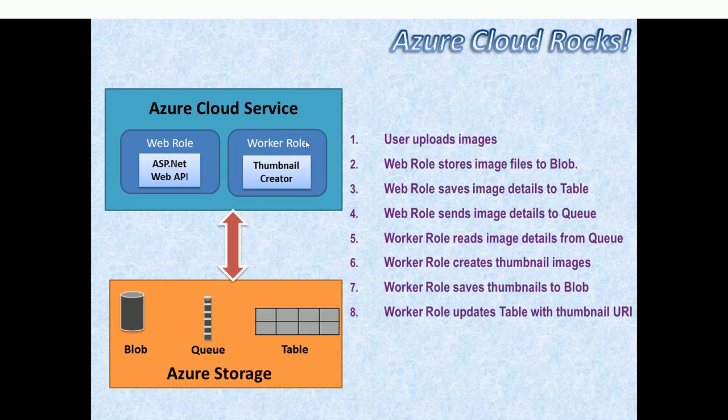The thumbnail will have a very small footprint. Let's say your original image is 5 MB or let's say 10 MB in size. And if you create a thumbnail, it will be just a matter of KBs, let's say 500 KB. So instead of downloading the entire 5 MB, you can just download 500 KB and you will have multiple images.